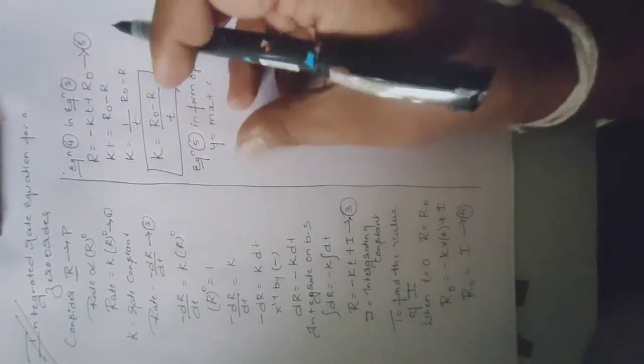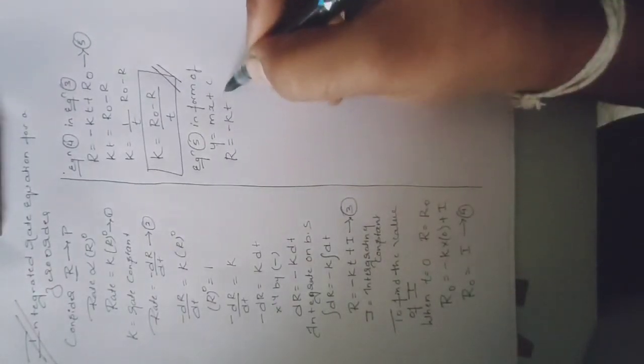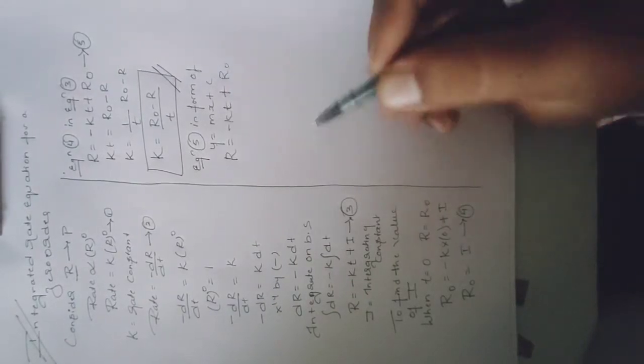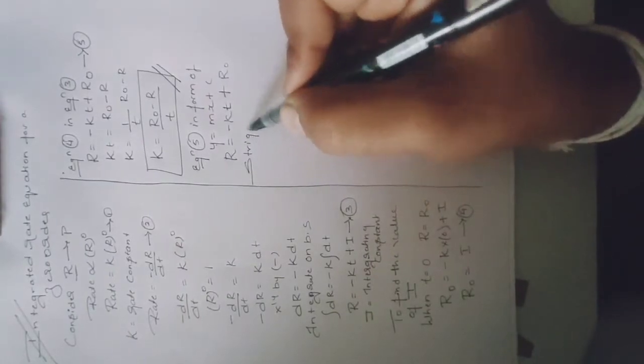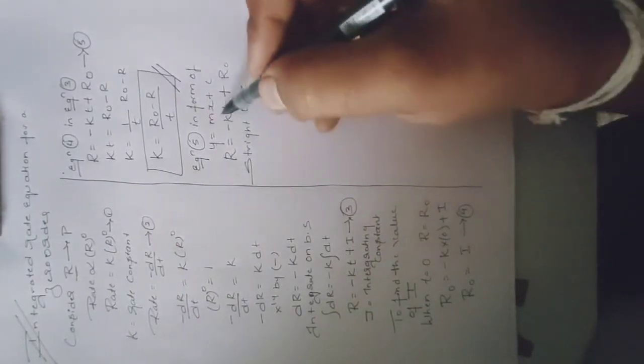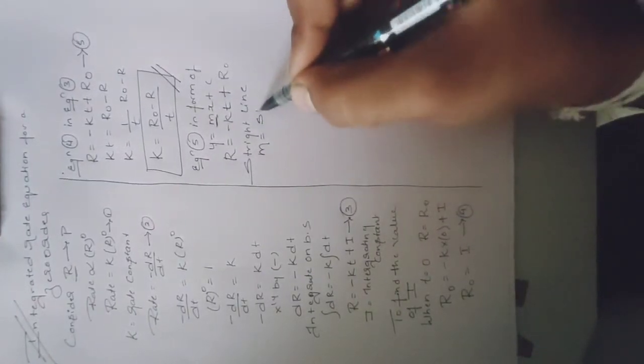Okay, it is in a straight line form. You see, r is equal to minus kt plus r naught, correct? Then m, you know that already, m shows the slope.